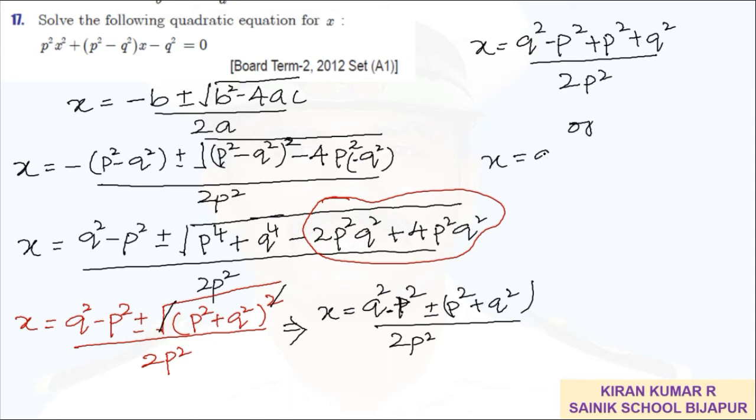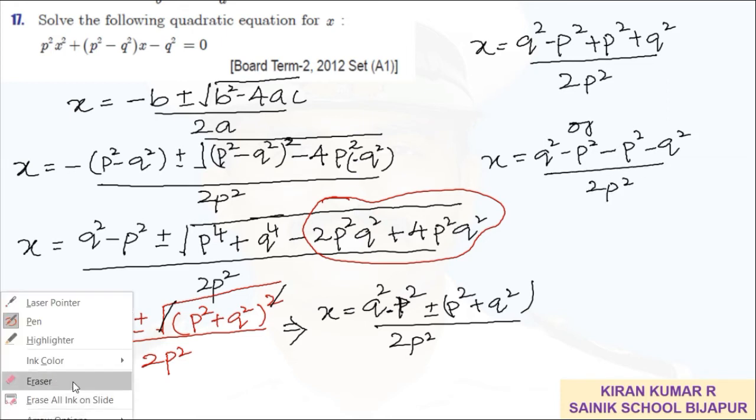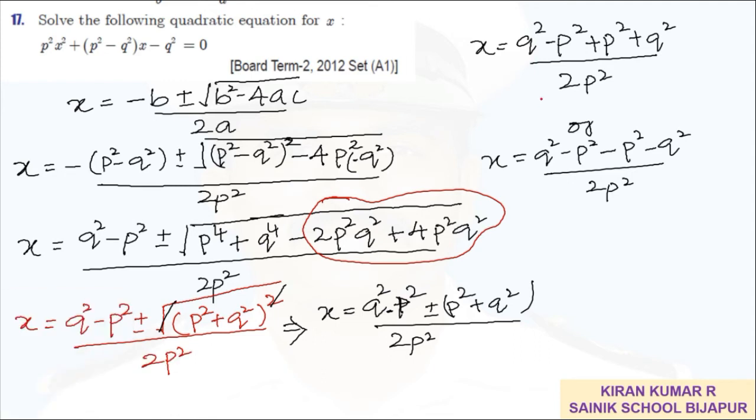or x will be equal to q square minus p square, now I will take negative, minus p square minus q square, divided by 2p square. Observe, some terms will get cancelled. Here p square will get cancelled. You will be left with 2 times q square by 2 times p square.